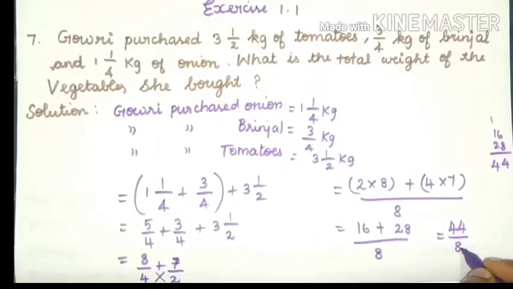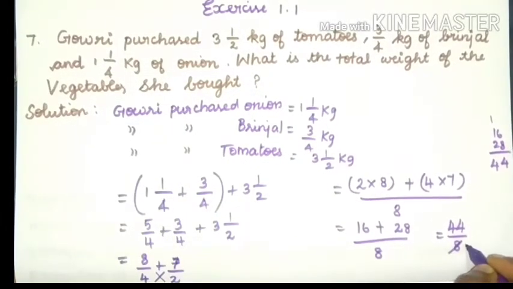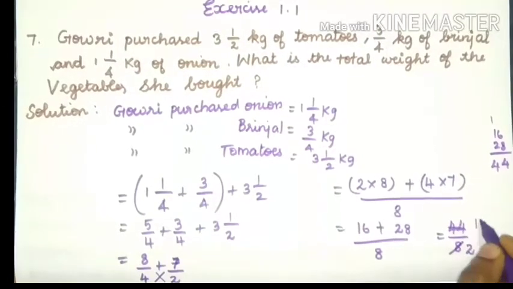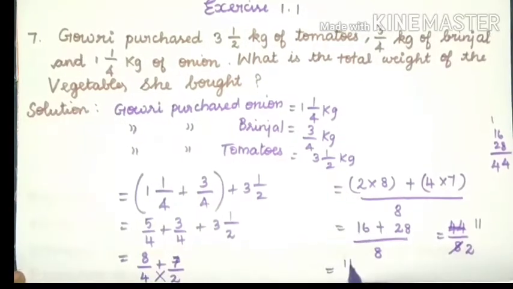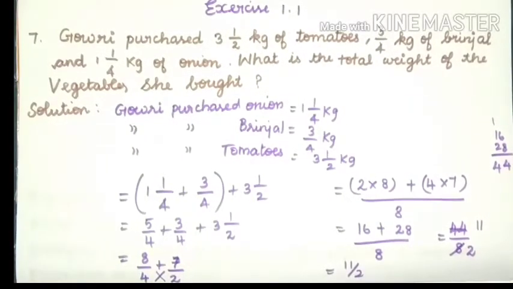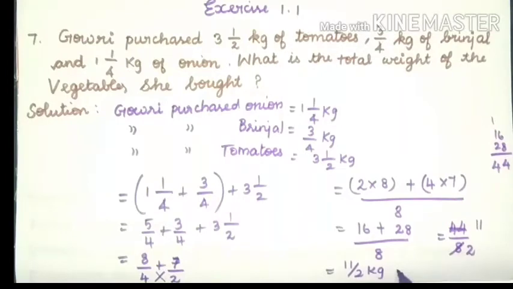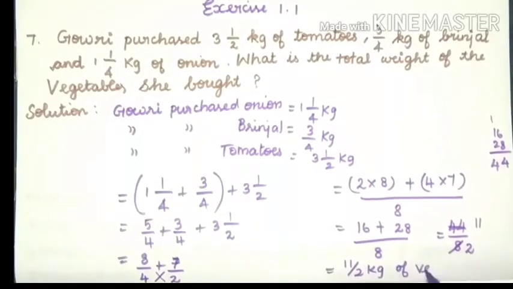We can easily cancel with the 4 table. 4 2s are 8, 4 11s are 44. So you will get the answer as 11 by 2, 11 by 2 kg of vegetables.